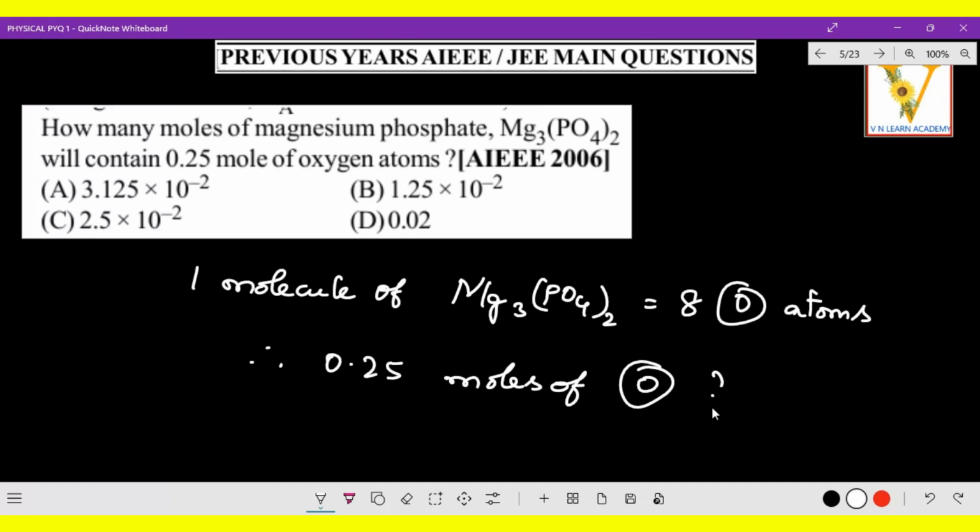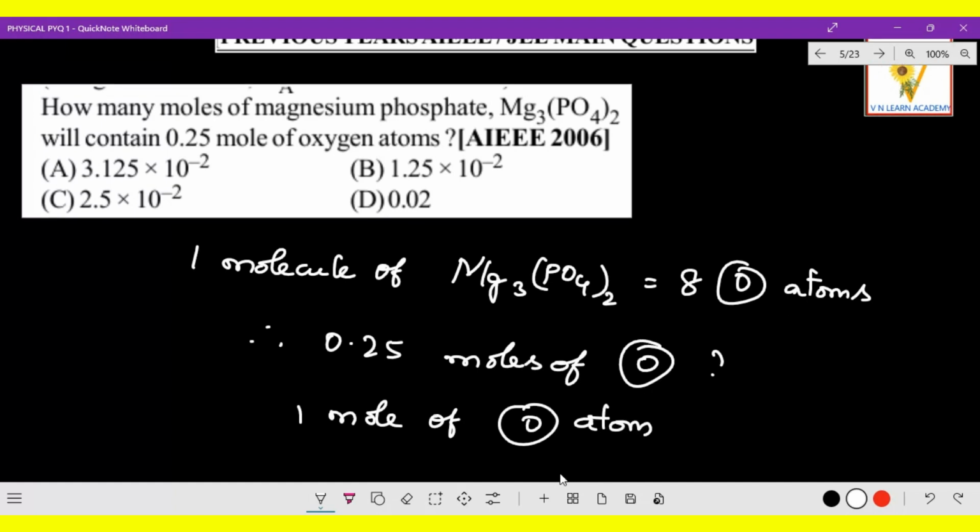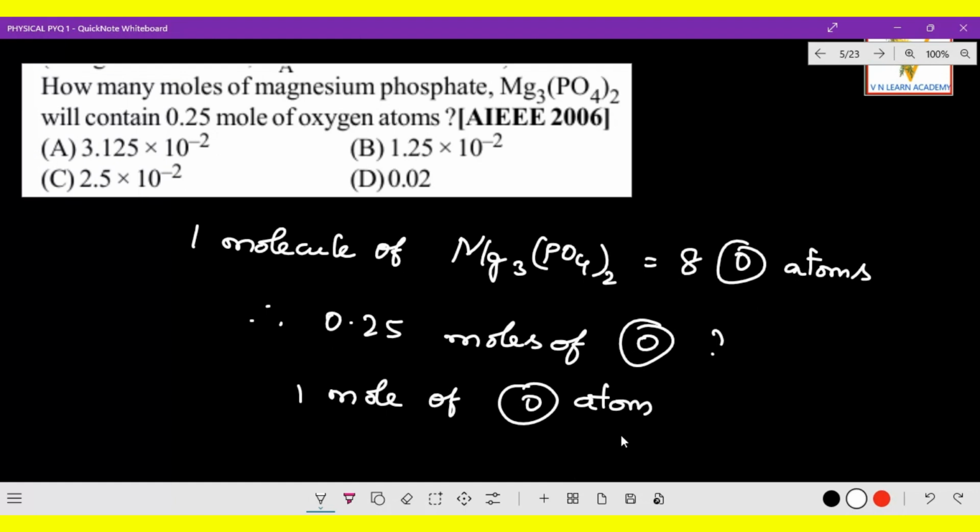This is very simple also. Here, 1 mole of oxygen atom, I just mentioned it that way because it is a mono atom, while oxygen as a molecule is diatomic. Now 1 mole of oxygen atom is actually 1 by 8 of magnesium phosphate.